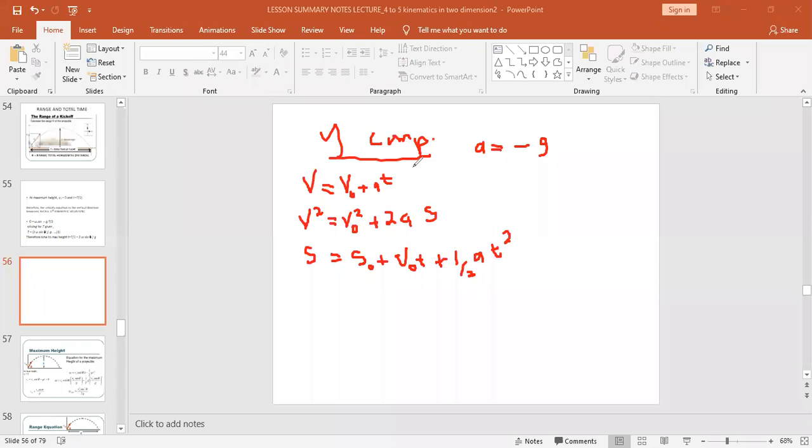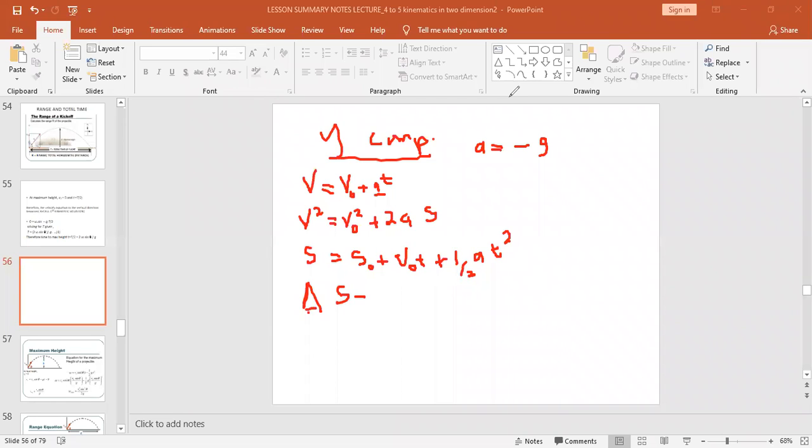Very good. So these will be the equations. S naught is part of it. If you want to write it the other way, then it will be the change in s equals this quantity. You understand? Okay. Good.